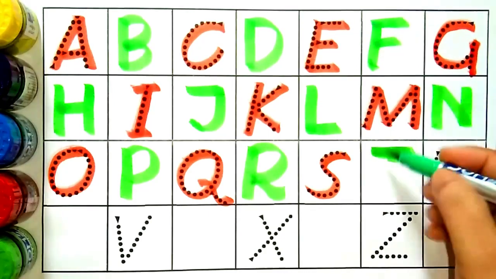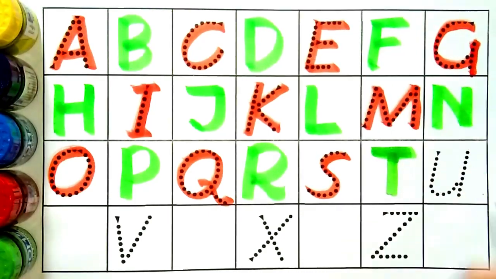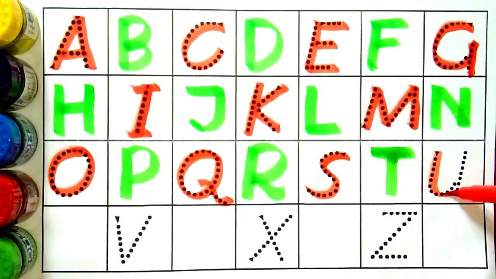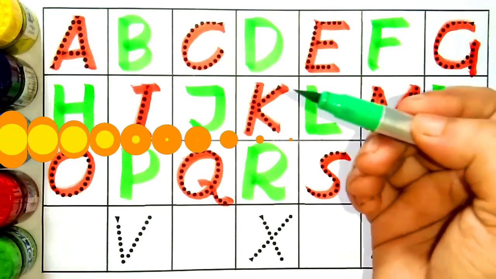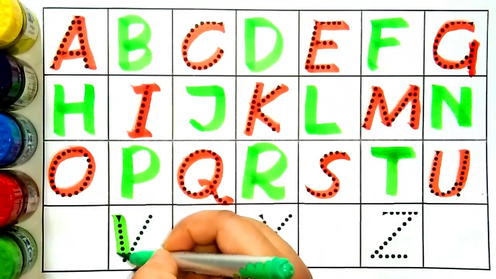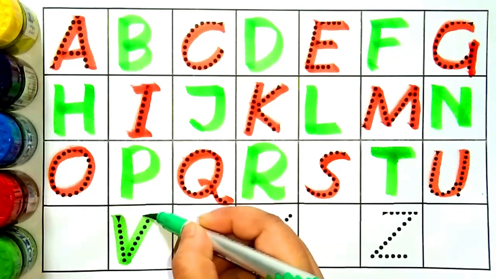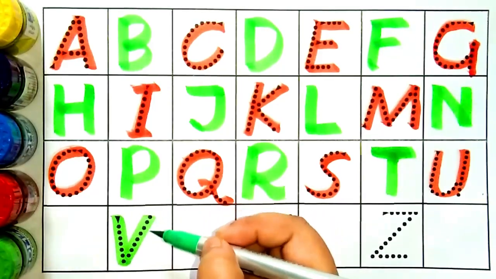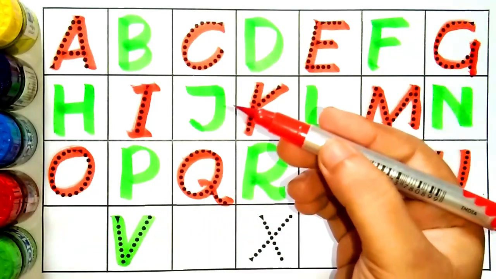T for train, orange color. U for umbrella, light green color. V for violin, orange color.